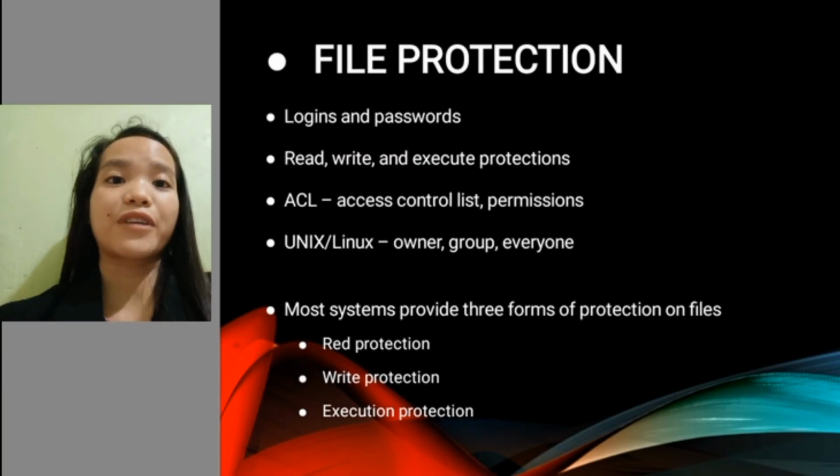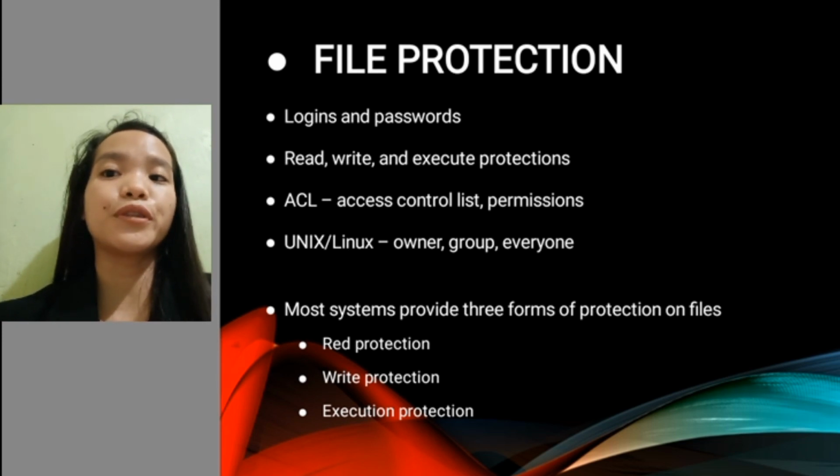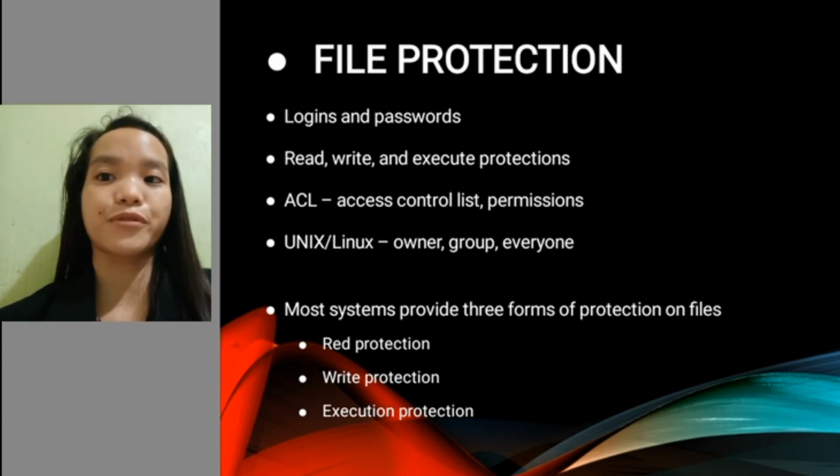What does write protection mean? Write protection is the term used to denote the locking mechanism which prevents modification or deletion of data on a storage device. Third is execution protection, or data execution prevention.